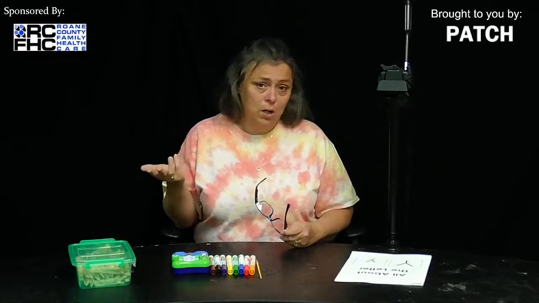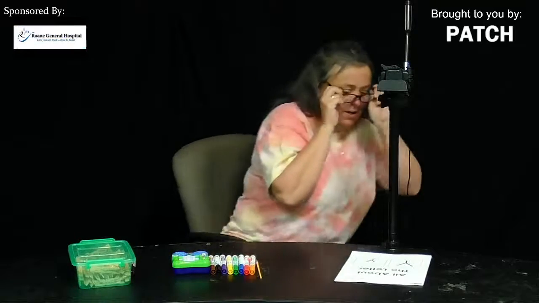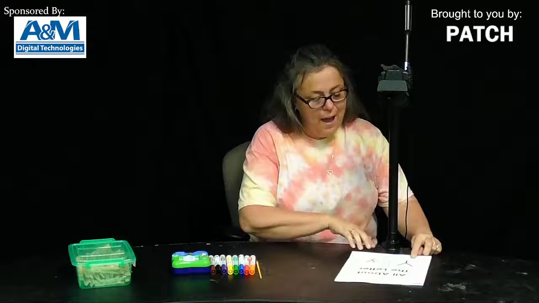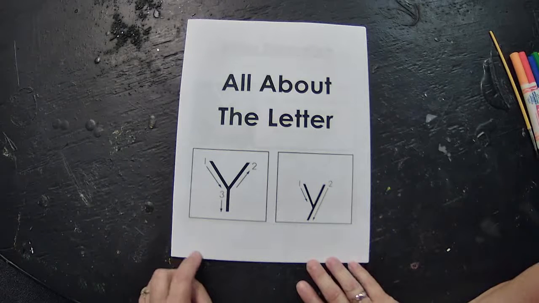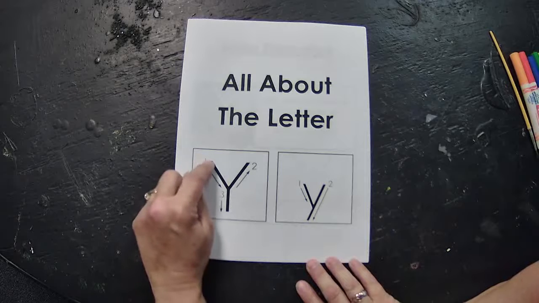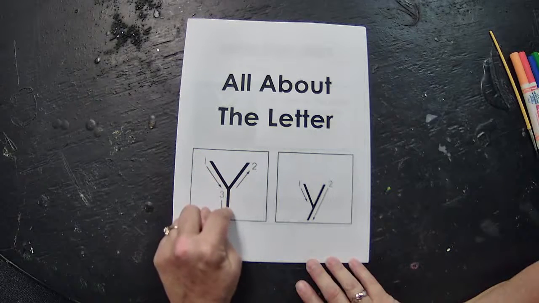So are you ready? Do you have your paper ready? Pencils, crayons, markers, whatever you're going to use? Okay. Well, let's get started. Now, for the uppercase Y, we're going to have 3 lines to make an uppercase Y. 1, 2, and then a line straight down 3.